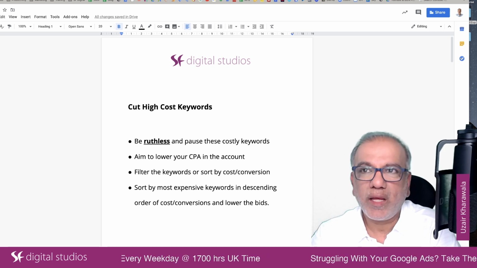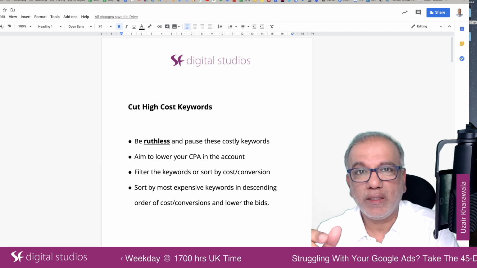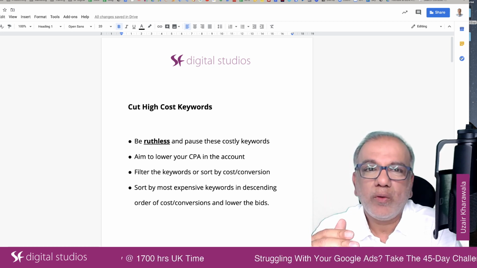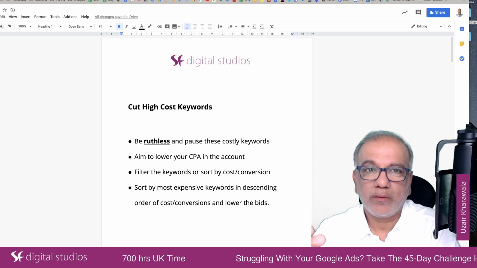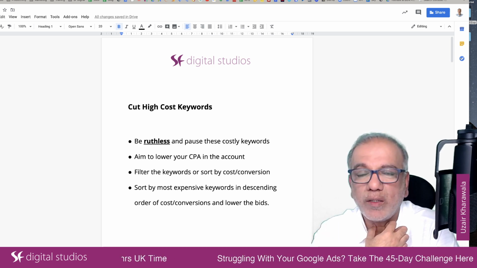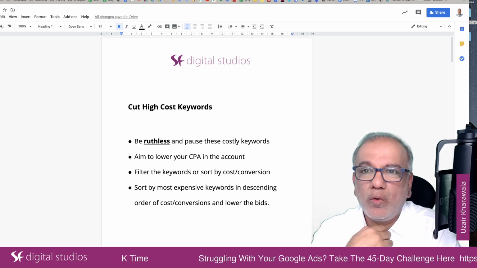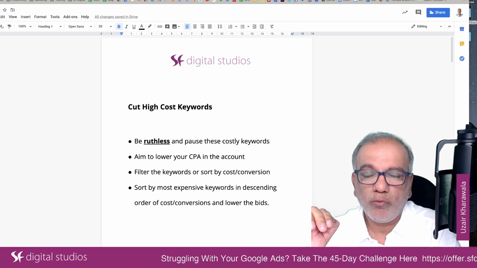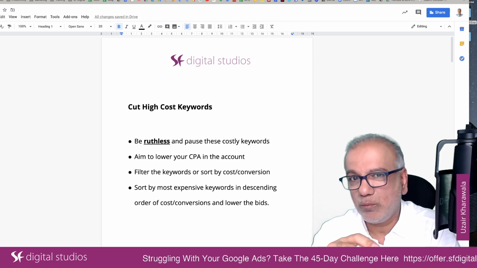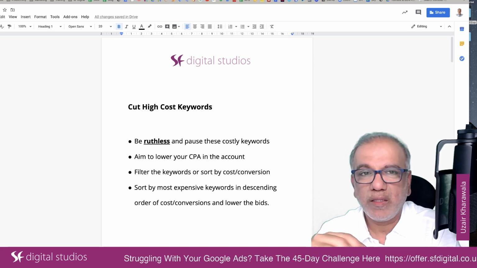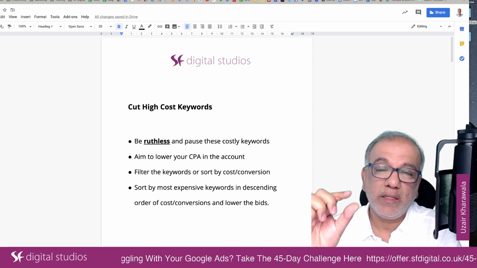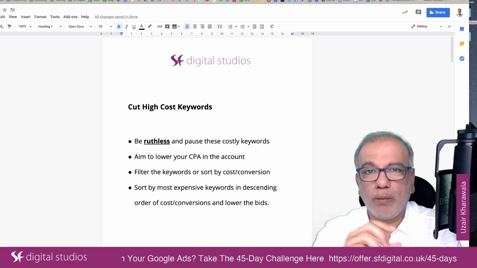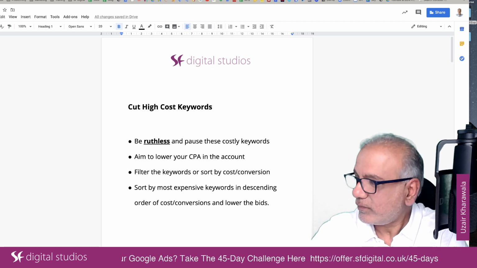So let's say ft.com readers are your target audience, because only people who have got shares and stocks will read those kind of papers. Or there will be lots of other websites where people go to invest. So I would create a custom intent audience and then target those in one single ad group, and then see how they are performing compared to the other ad groups.